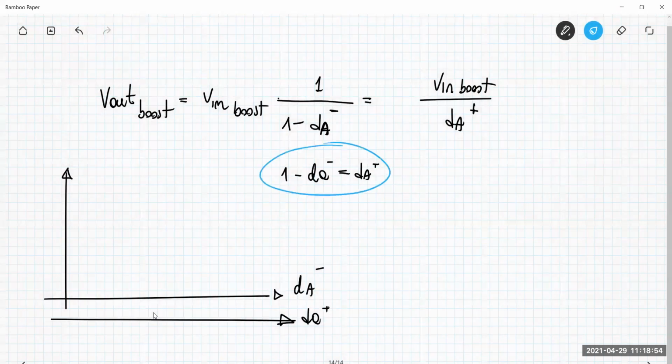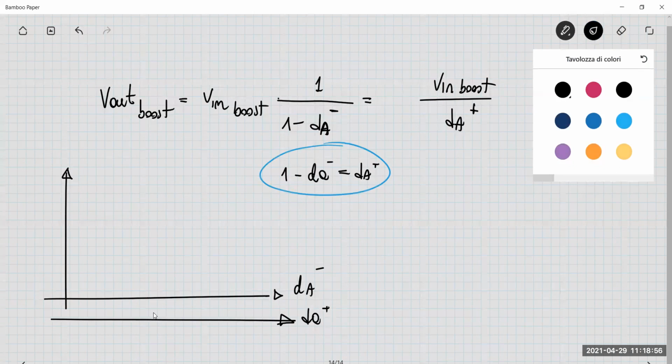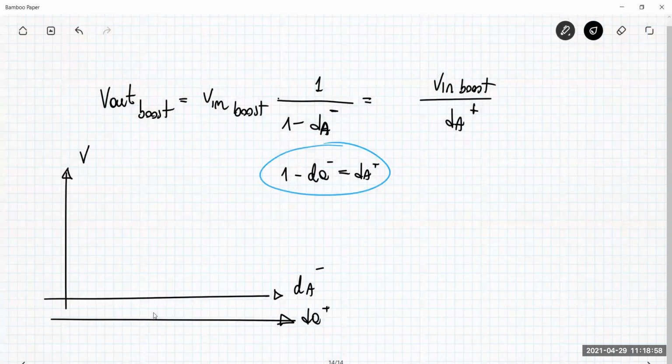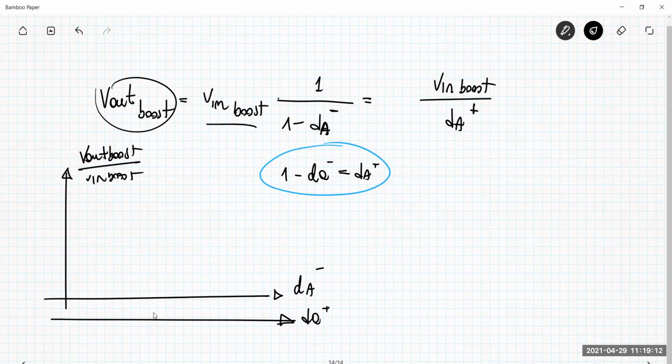We can have both on the horizontal axis. V out boost, I want to plot V out boost over V in boost. Okay, so the ratio between this quantity and this one versus the duty cycle. So when the duty cycle dA minus is null, the duty cycle ranges from 0 to 1.